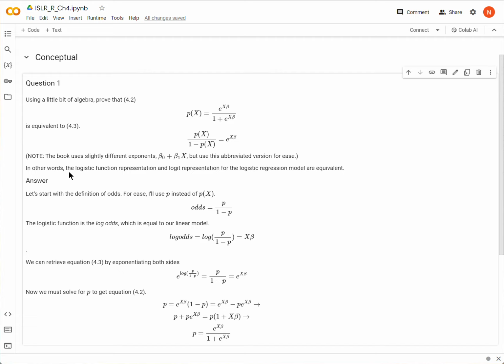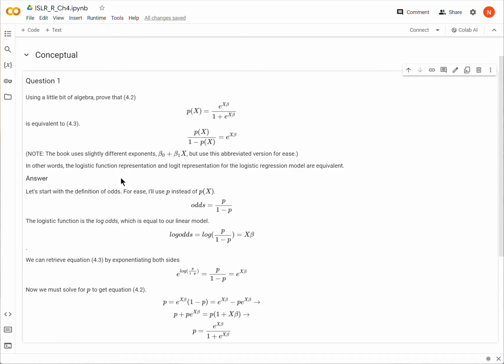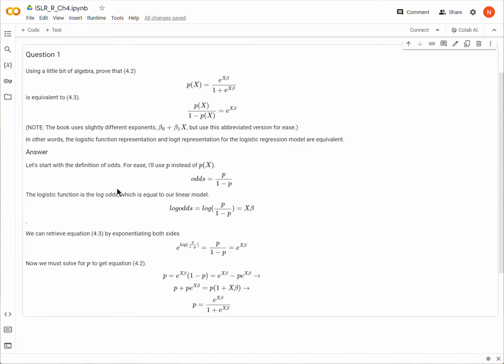So in other words, show that the logistic function representation and the logit function representation of the logistic regression model are equivalent. Okay, so I won't step through the entire proof, but maybe I will. Whenever I have to derive this for myself, and I do often, I will start with the odds, and this is the definition of odds.